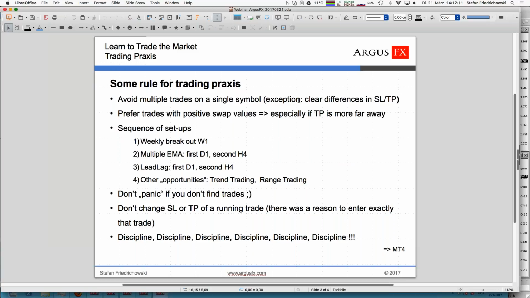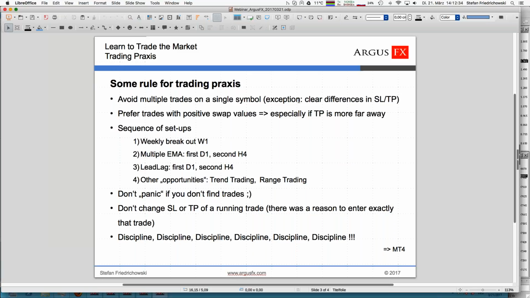Sometimes this is related to different time frames, for example, but finally you can see it simply by looking at the stop loss and take profit values. And just think about, you have a long-lasting trade on Euro Japanese yen, and the trade might run for weeks.